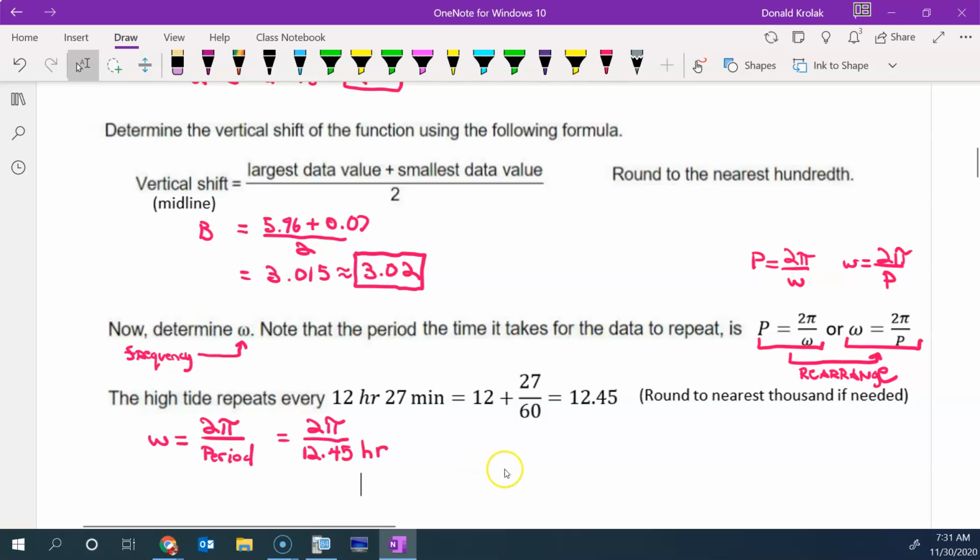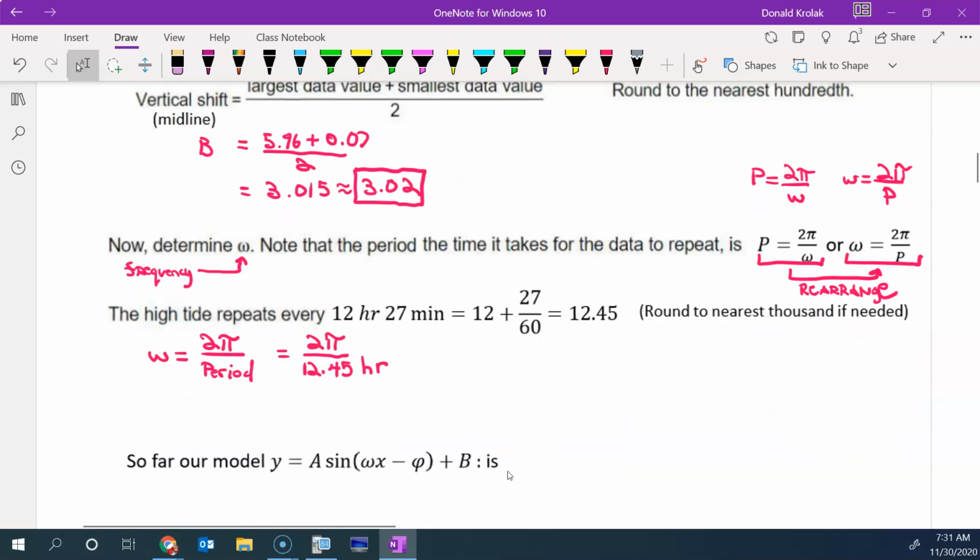So that's why we converted the period from hours and minutes to decimals. You're not using 12 hours, 27 minutes. You're using 12.45 hours. So you got to convert hours and minutes to a decimal. And we're going to round this to the nearest thousandth. Okay, so we'll do that on our calculator.